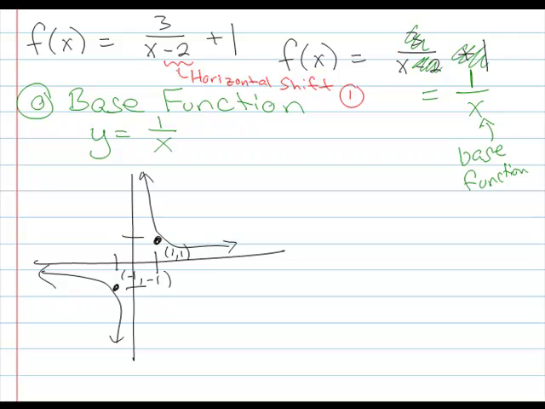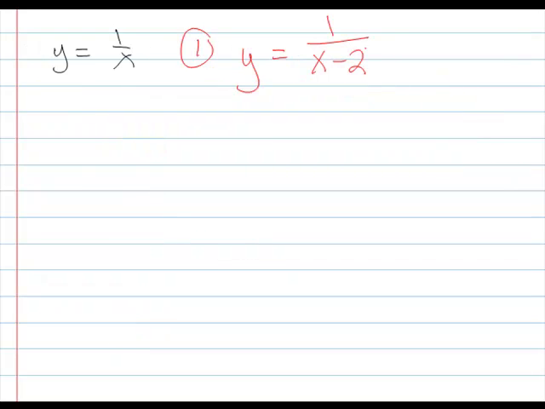So we just took this little minus 2 here because that was the very first step, we want to do that horizontal shift. So we have x minus 2. Since this is a -2, that means we're going to shift 2 units to the right. Yes, to the right.